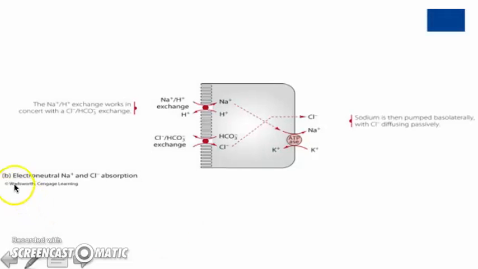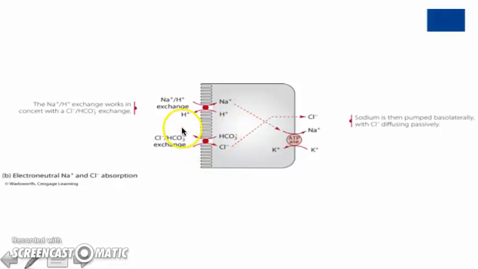Next, we have this electroneutral sodium and chloride absorption. Here we see concurrently sodium entering the cell and a hydrogen ion being pumped out of the cell. At the same time as sodium entering the cell, we see chloride entering the cell, and this is going to balance the charge with the sodium entering. Then we see bicarbonate exiting as chloride comes into the cell.